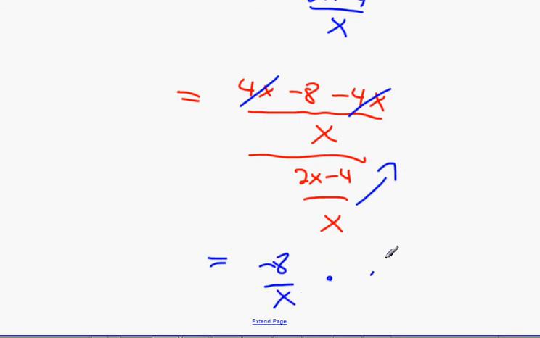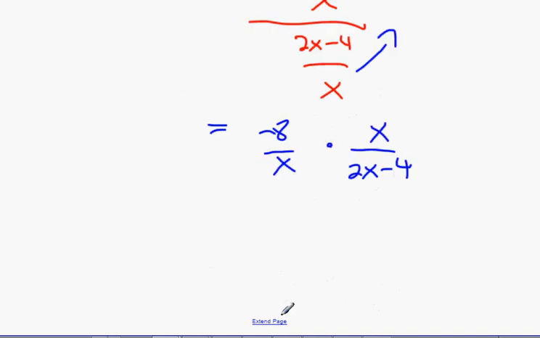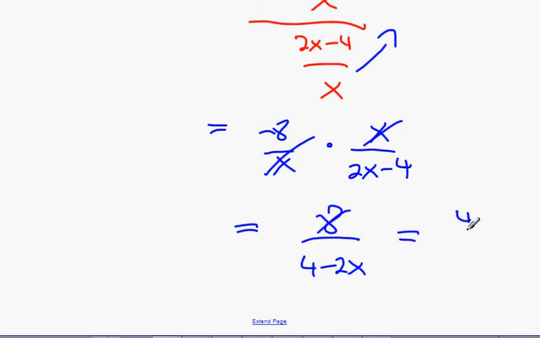Keep in mind the first question. The x's cancel. I'm going to multiply top and bottom by minus 1. I'm going to get 8 over 4 minus 2x. Then I'm going to divide the top and bottom by 2. I'm going to get 4 over 2 minus x. Everybody happy with that? Now, that's what f2x is.